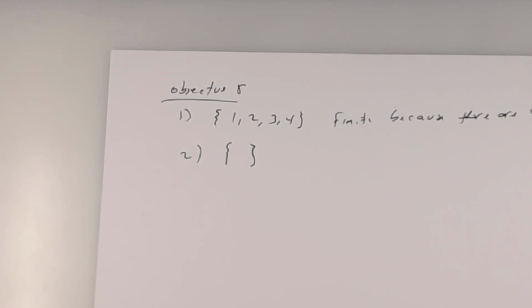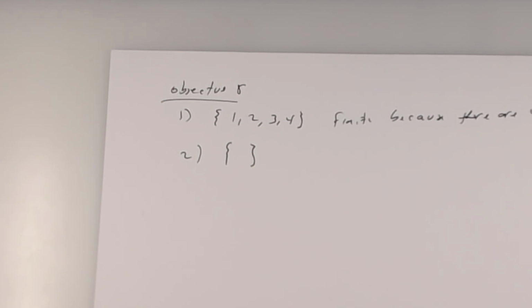A set can either be finite or infinite. So either that set is a finite set or it's an infinite set. It's finite because there are what? No elements. So remember in our definition a while ago we said a set is said to be finite if it contains no elements or it contains a finite number of elements. It has a natural number as its number.